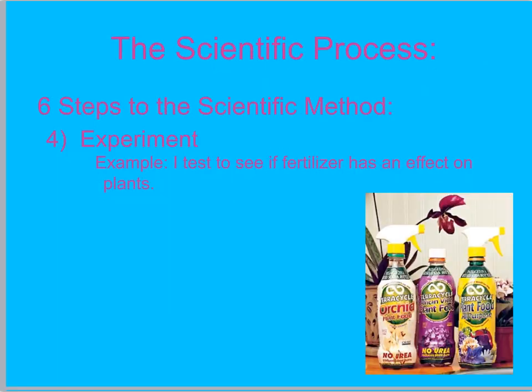So in an experiment that we talked about, we were testing to see if fertilizer had an effect on plants, specifically plant growth. Now, the other example I was giving you was the lasagna. So in my experiment with the lasagna, I'm going to say my control group, excuse my handwriting, I'm doing the best I can, but I don't generally have good handwriting.